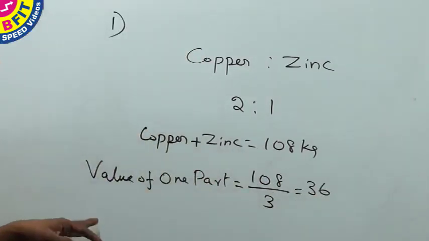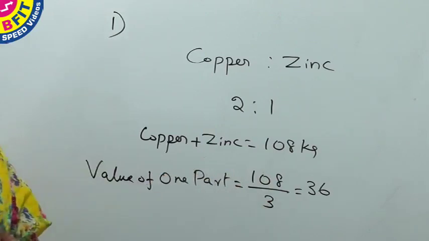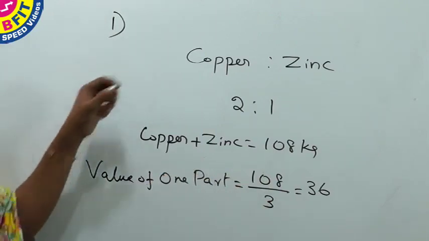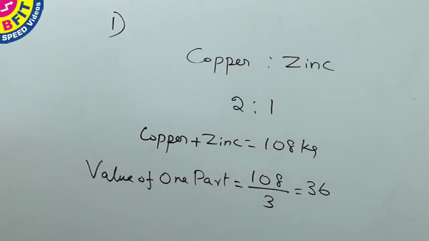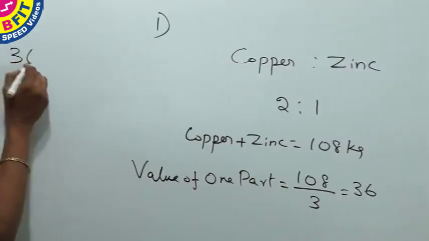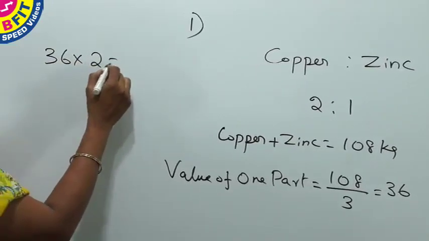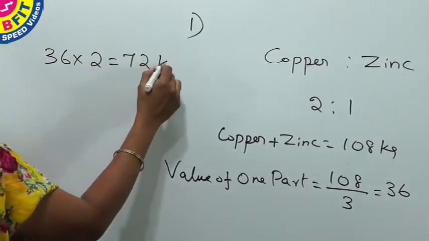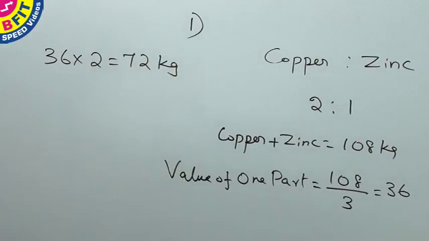So the value of one part is equal to 36, and we are asked to find how much copper is there in this alloy. We have 2 parts of copper, so this value of one part multiplied by 2 gives 72 kilograms.